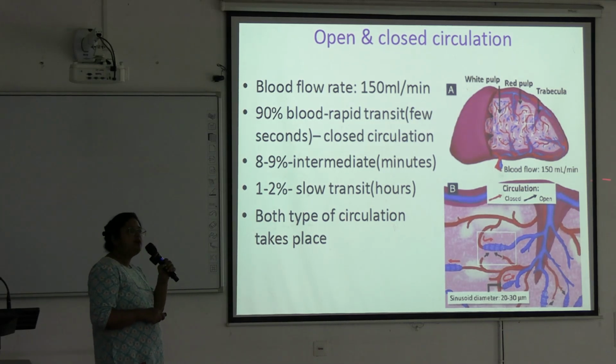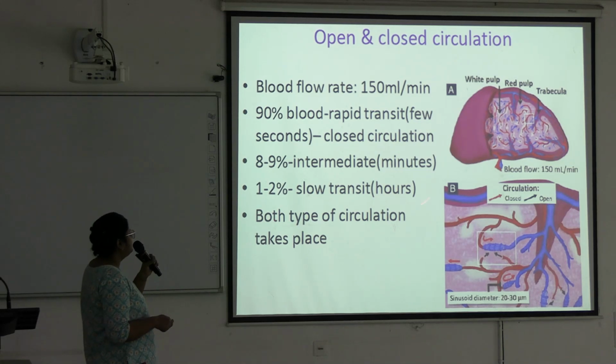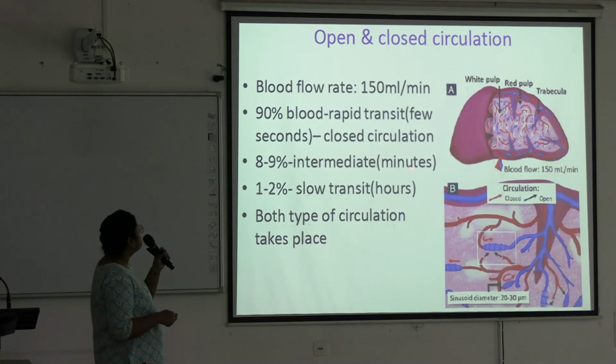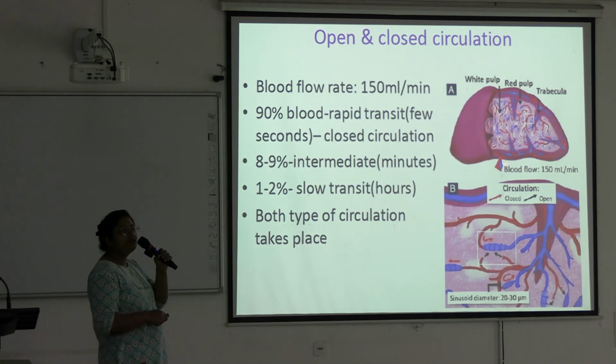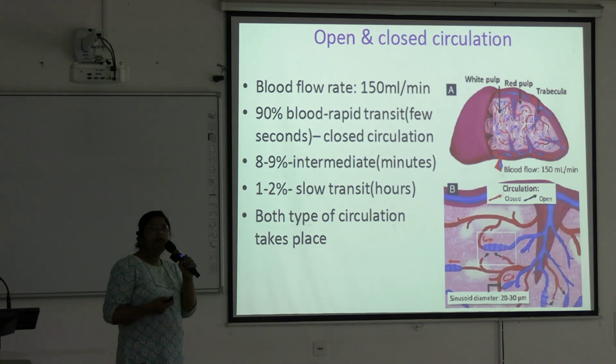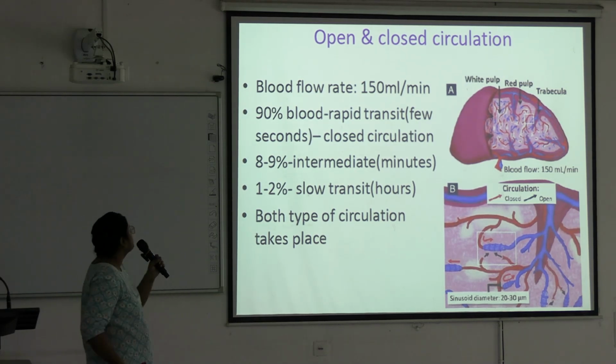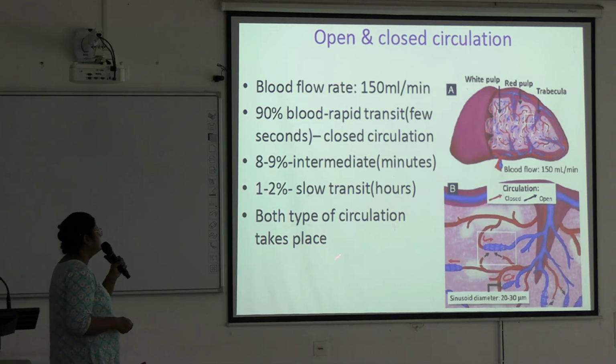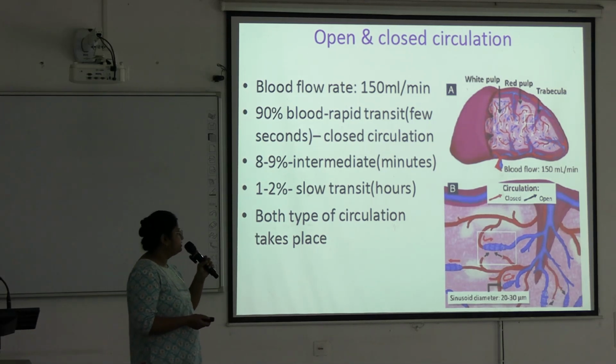They take hours for passage, and these two can occur through the open circulation. This intermediate and slow transit can occur via open circulation, and both types of circulation can take place.